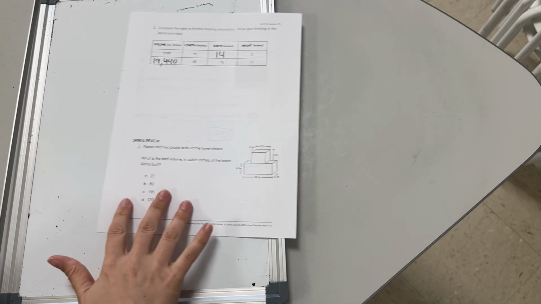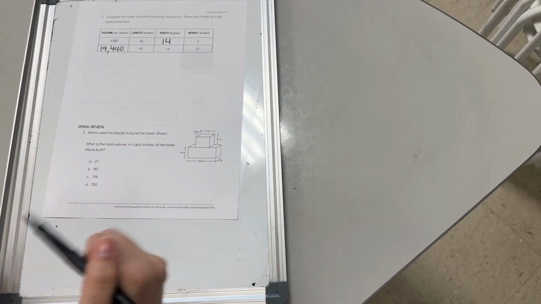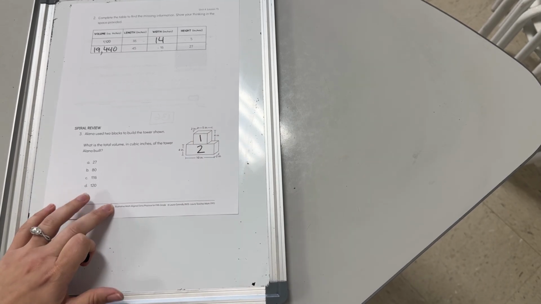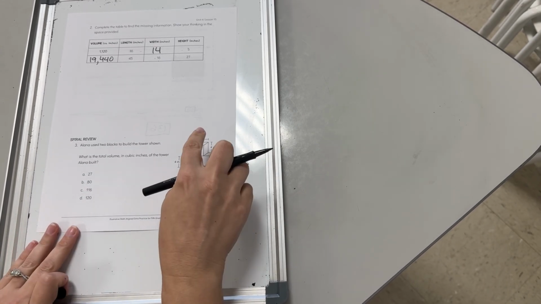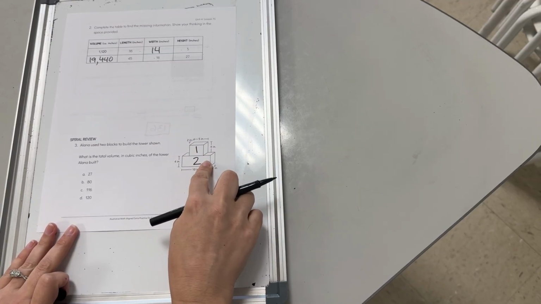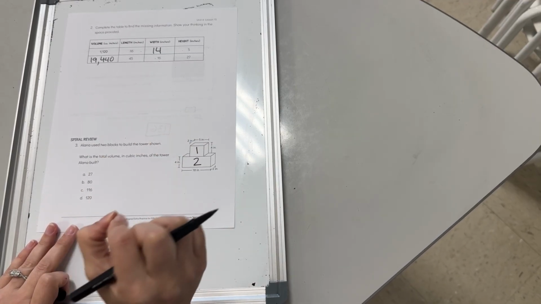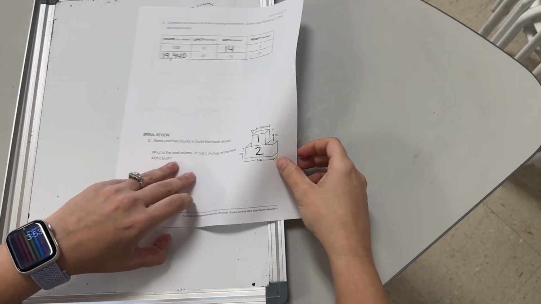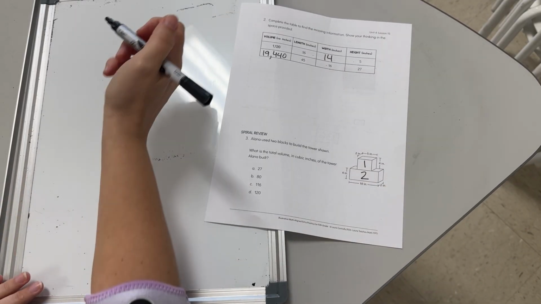Now, because this is made up of 2 rectangles, the top rectangle and the bottom rectangle, that means I have to find the volume of rectangle 1 and the volume of rectangle 2, and then add those 2 volumes together. So I'm going to start by writing out the length, width, and height of the first rectangle.